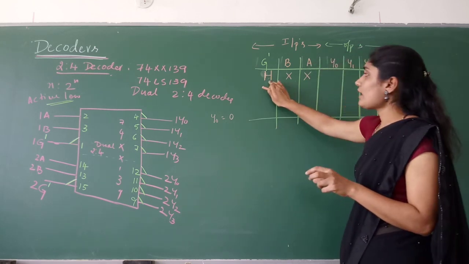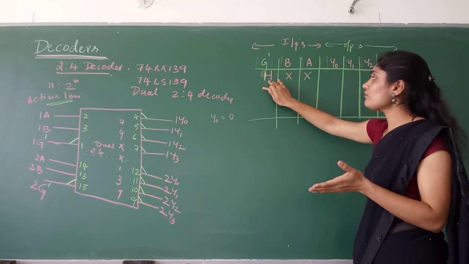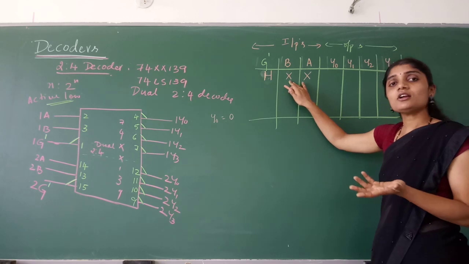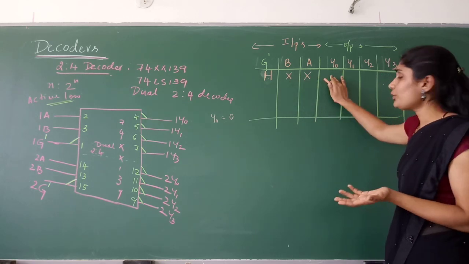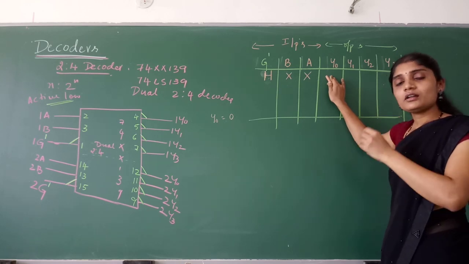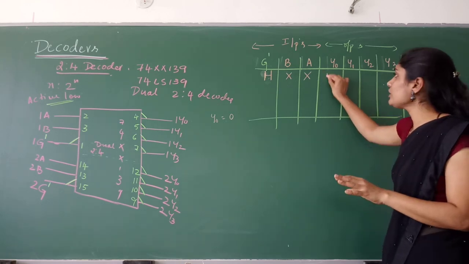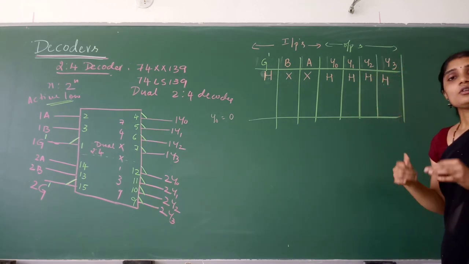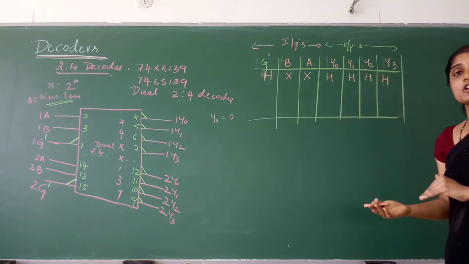Now, when you give an active high signal, when you give 1 at the enable input, your IC is not working, it is not going to decode. So what is your output? No output. That means the outputs are just like off. So how will you denote it? High. That means inputs are not decoded.